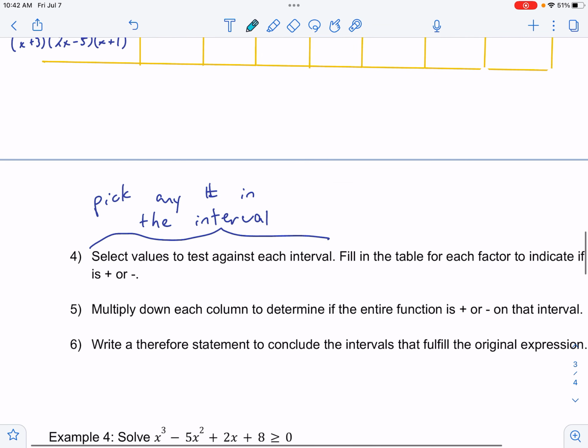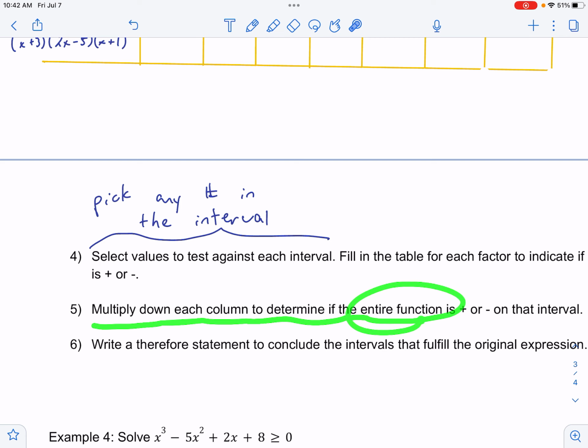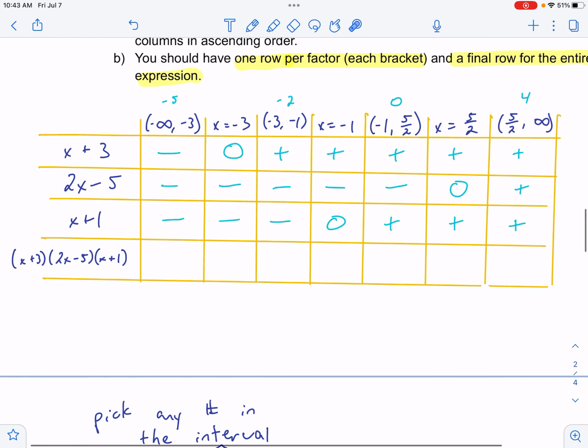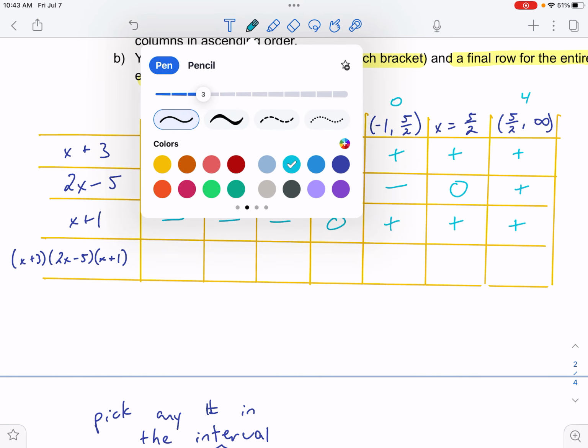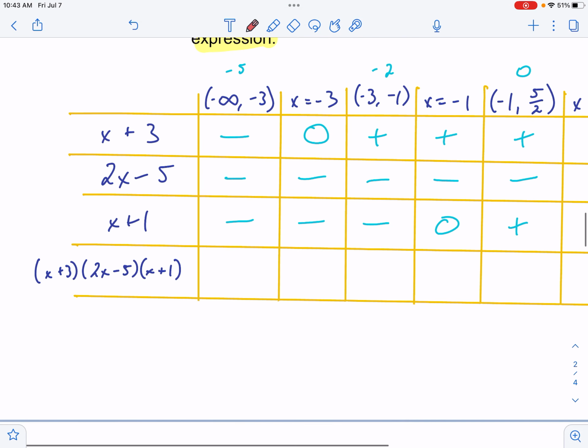Next step. We need to multiply down each column to determine if the entire function is positive or negative on that interval. Here's what that looks like. I'm literally multiplying down. A negative times a negative times a negative gives me a negative. 0 times a negative times a negative is 0.